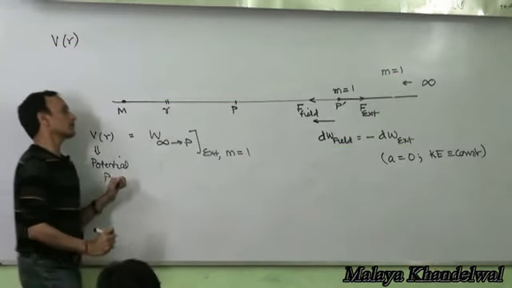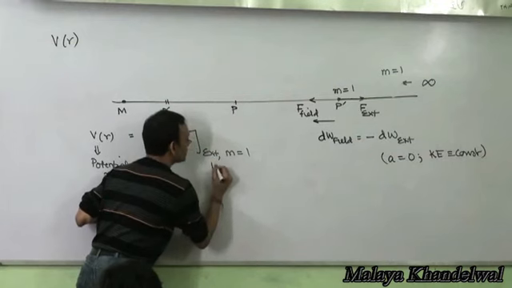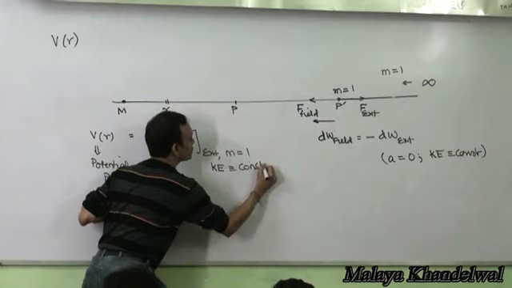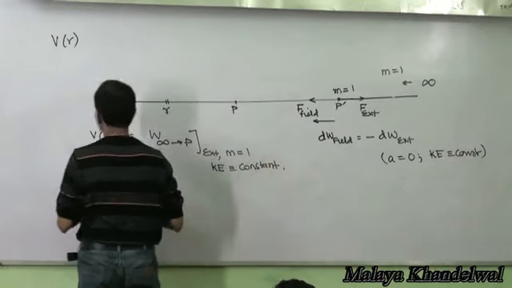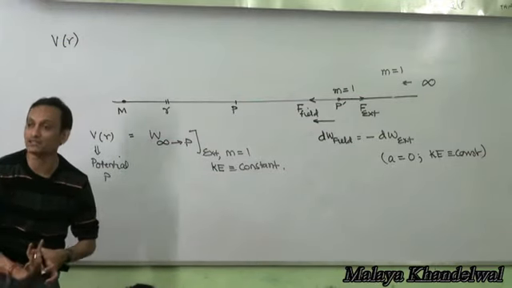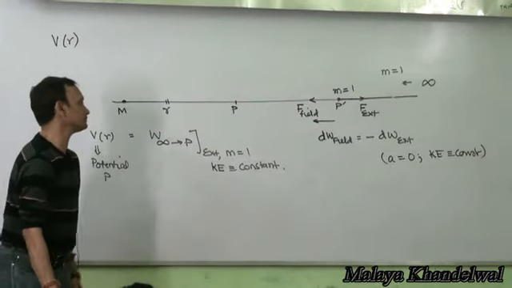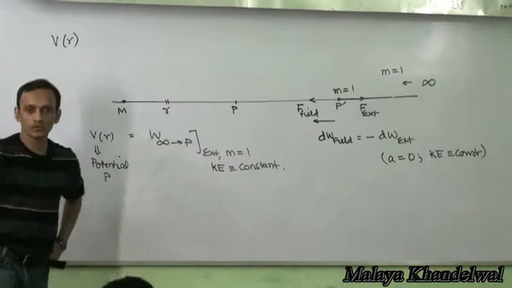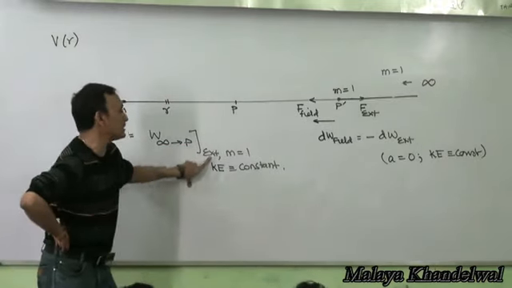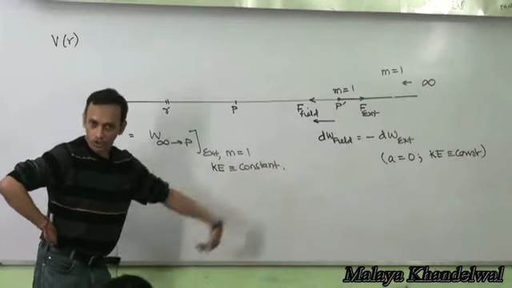Work done, unit mass m equal to 1, keeping kinetic energy equal to constant. At every point, the external agent balances the force of the field. Clear? So work done from infinity to P by an external agent, keeping kinetic energy equal to constant.